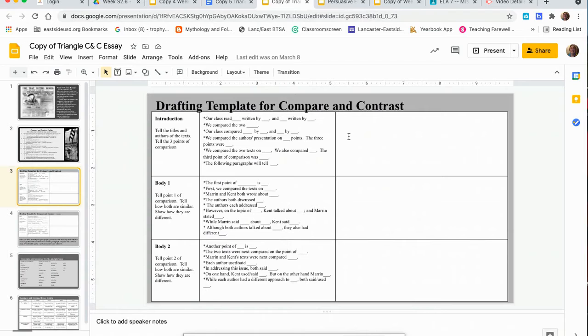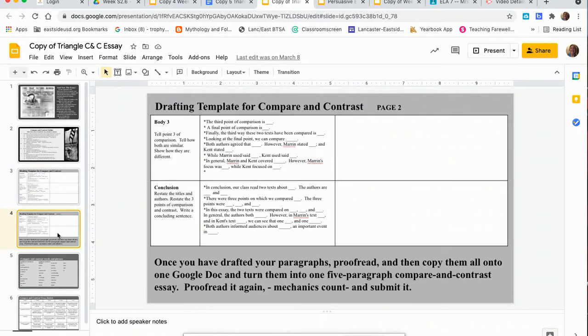We did a think aloud for the first. We worked on the first one together, and then the students were responsible for the other 4 paragraphs. Once they drafted their paragraphs, they needed to proofread and then copy them onto a Google Doc. It was going to be, as the outline said, a 5-paragraph essay.